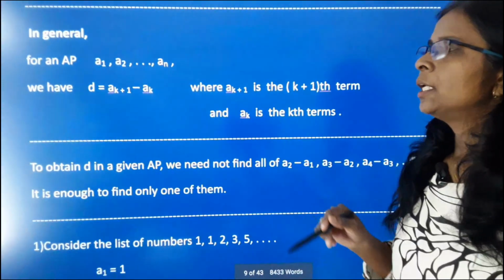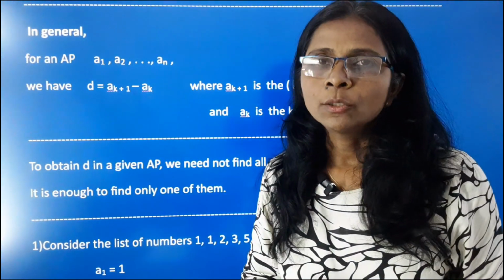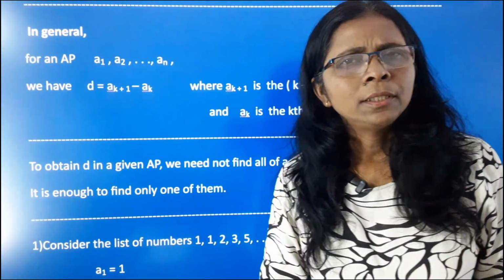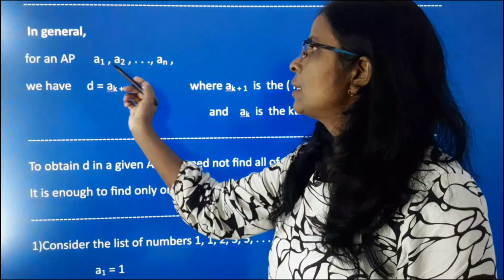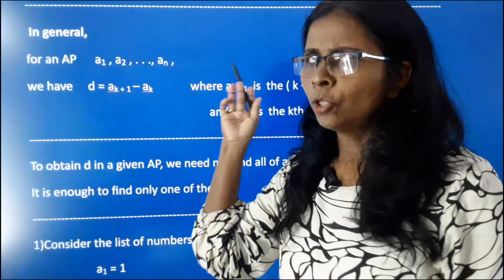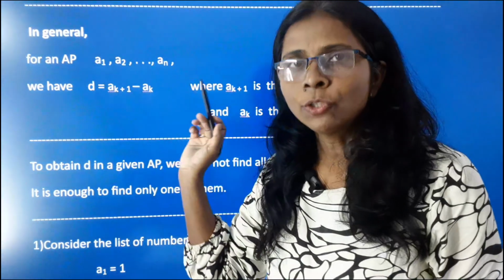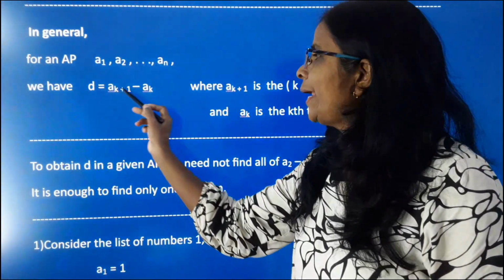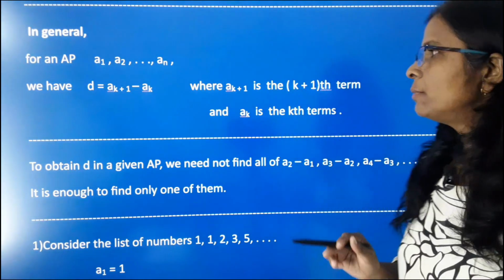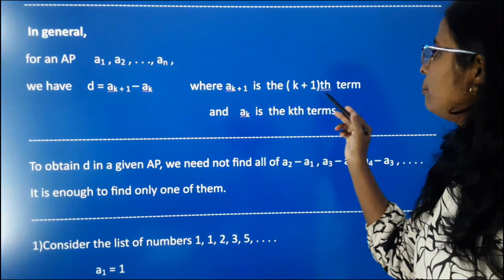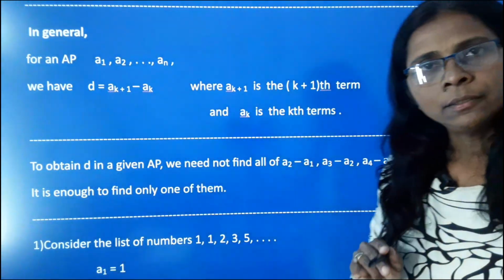Now generally, if you write down such a common difference and first term, we can say that if the AP is A1, A2, dot, dot, dot, AN, then the formula for the common difference is A(K+1) minus AK. So what is A(K+1)? A(K+1) is the (K+1)th term and AK is the Kth term.